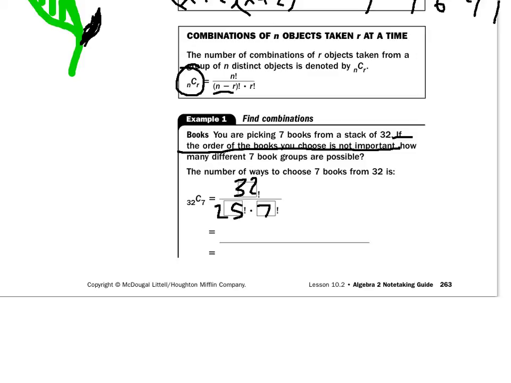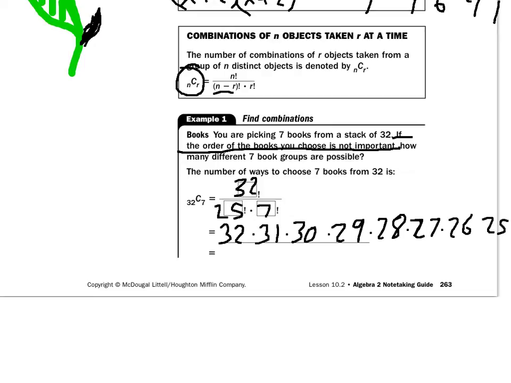And that ends up being 32 times 31. Remember, we already talked about what that factorial means. That 32, right? It's 32 over 25 times 7, right? So 29, 28, 27, 26, and then we're going to do a 25 factorial, not just because I'm running out of room there, but because on the bottom I'm going to have a 25 factorial that'll cross out.